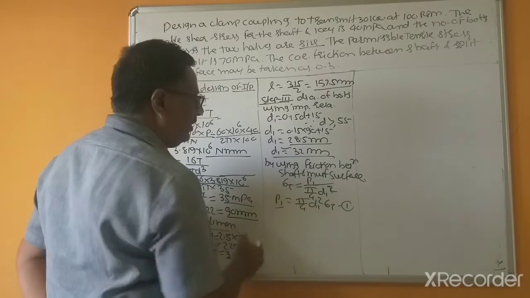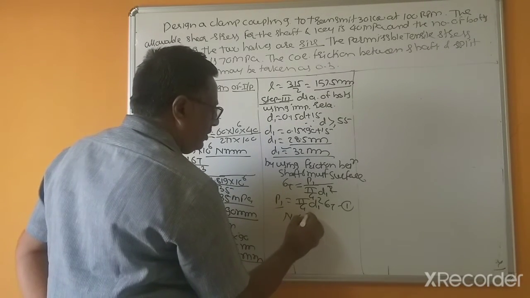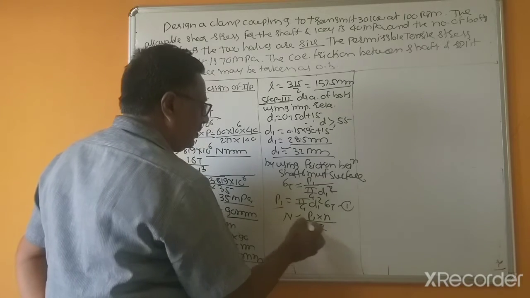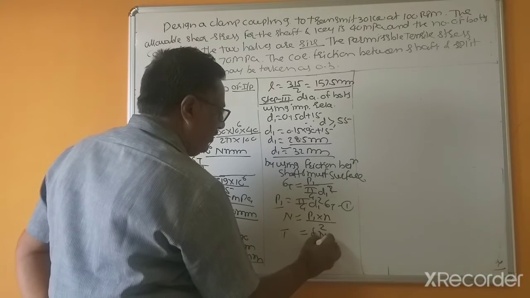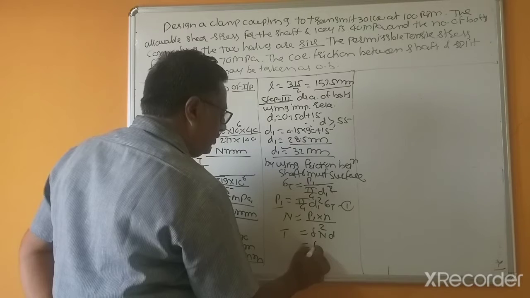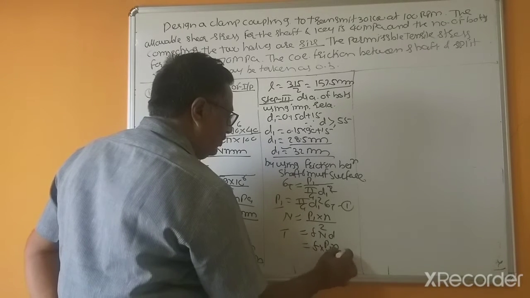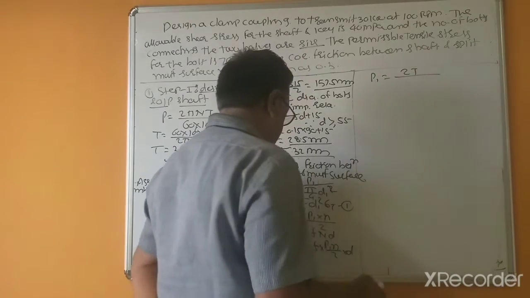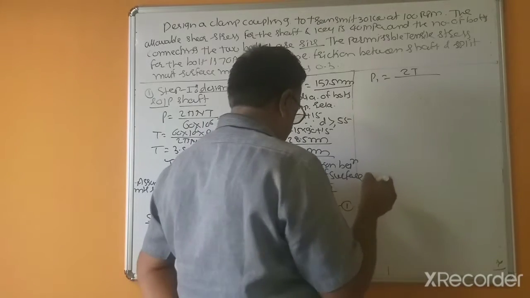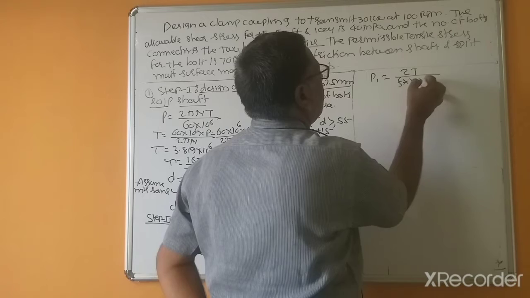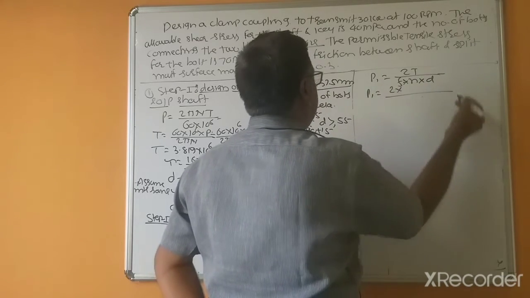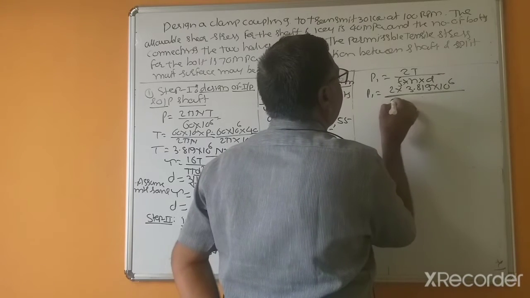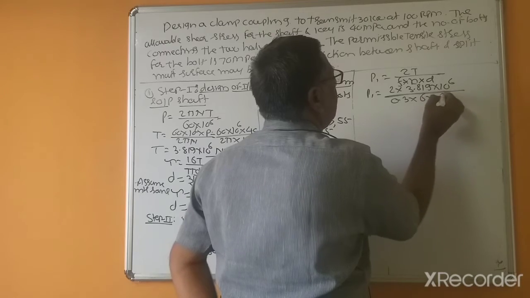How can you calculate P1? The force P1 acting on each bolt, multiplied by the number of bolts divided by 2, and torque equal to F and D. That's why we can put P1 into N divided by 2 into D, or P1 equal to 2T divided by mu N multiplied by D, where mu is the coefficient of friction 0.3, number of bolts given 6, D equal to 90.